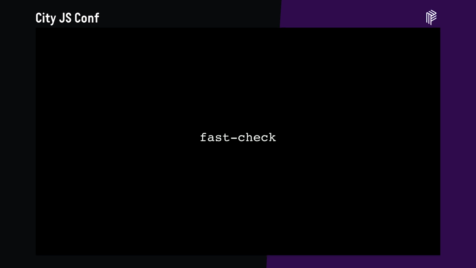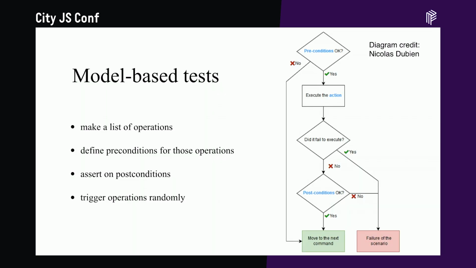Right, I also want to mention this library, FastCheck. FastCheck is written by Lee Byron at Facebook, and it introduces an additional feature which is really interesting and I think useful. It's called model-based tests, and it's for testing systems that have state, such as UIs.